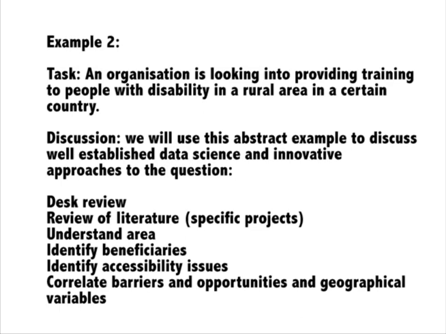Mapping can also help you to correlate variables with economic indicators, livelihoods and other variables. So again, it's not uncommon to see places where the people who have a lower income live in areas where access to water or access to land is more difficult, or maybe they live in smaller plots of land.